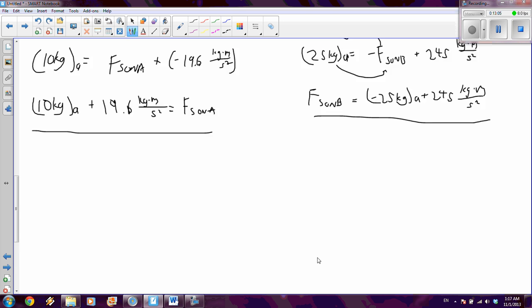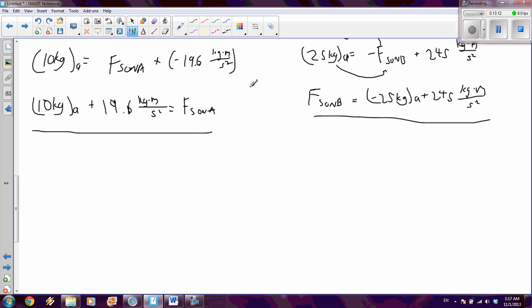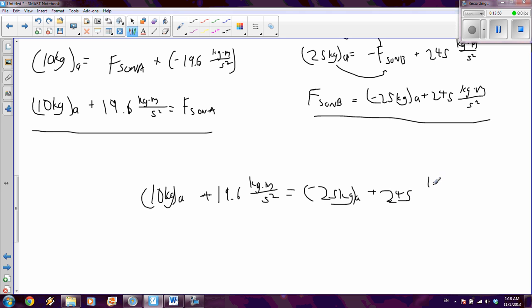Okay, before, two systems, two equations, two unknowns. Solve for our acceleration. 10 kilograms times the acceleration plus 19.6 kilograms times meters per second squared is equal to negative 25 kilograms times acceleration plus 245 kilograms times meters per second squared.